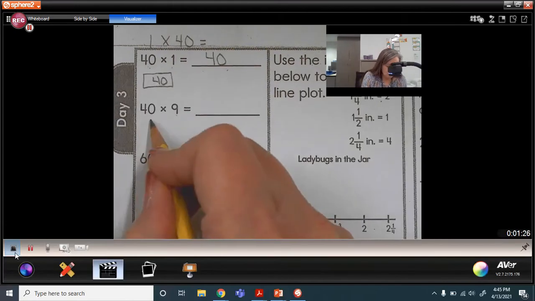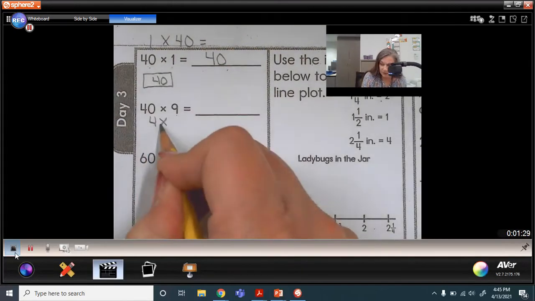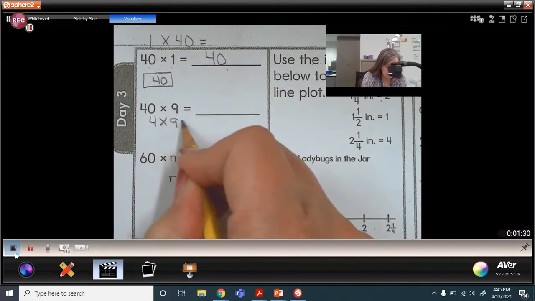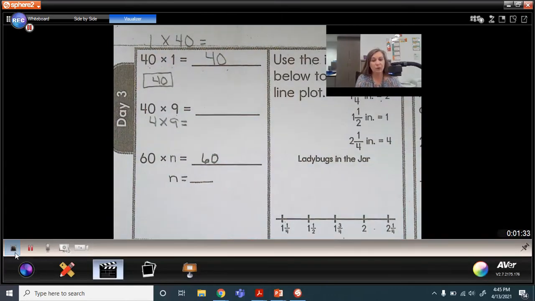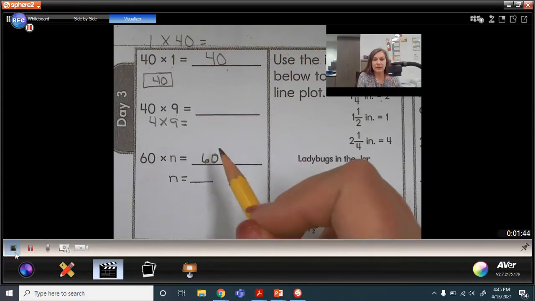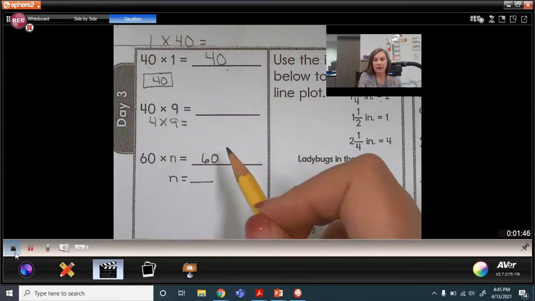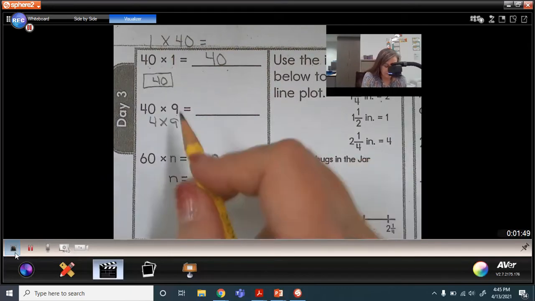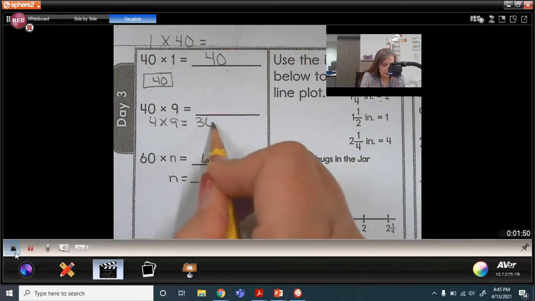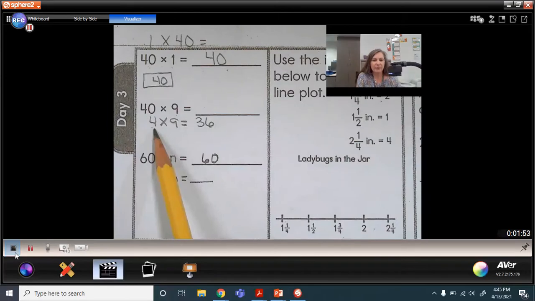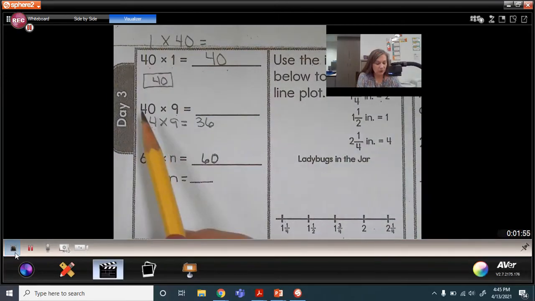Now, let's think about using what we know about a basic fact for this next one. What if I knew what 4 times 9 is? Some of you may not know what 4 times 9 is, and if you don't, you could add 9 plus 9 plus 9 plus 9, right? And 9 plus 9 is 18, plus another 9 is 27, plus another 9 is 36. Now, in this case, instead of multiplying by a single digit, we're multiplying by a multiple of 10.